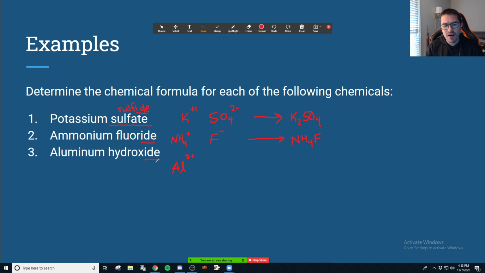Well, what would hydroxide be? Would that be hydrogen, or would it be oxygen? Turns out that it's neither. Hydride would be hydrogen, oxide would be oxygen, hydroxide is actually a polyatomic ion. So even though it ends in "ide," it's a polyatomic ion that consists of both oxygen and hydrogen, and it has a -1 charge.